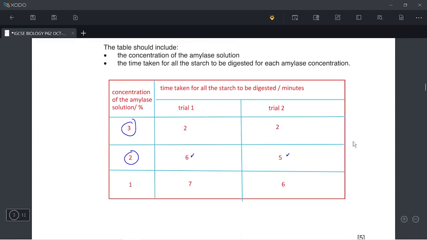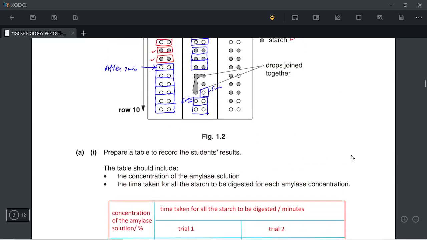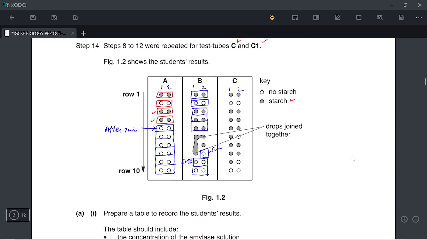And then for concentration of amylase solutions, 1% concentrations in test tube C, we can see in row 1 there is starch, row 2 no starch, okay, and row 3, row 4, row 5, there is starch.